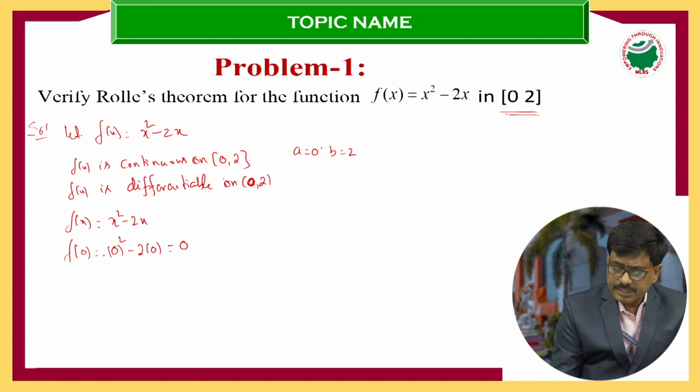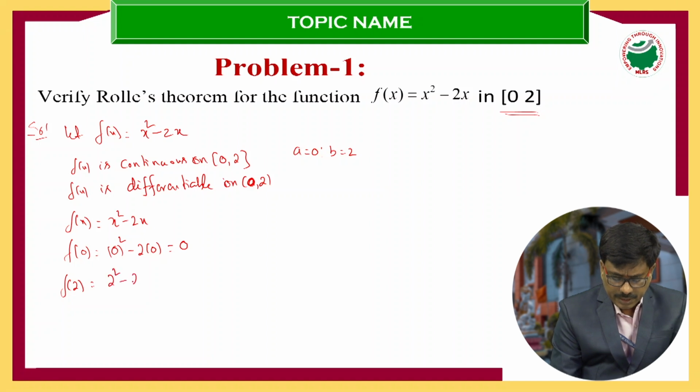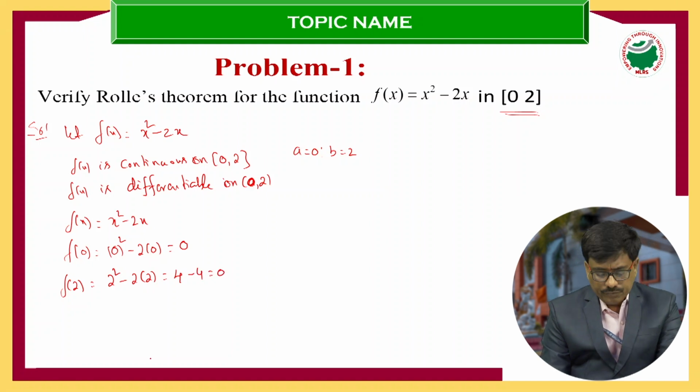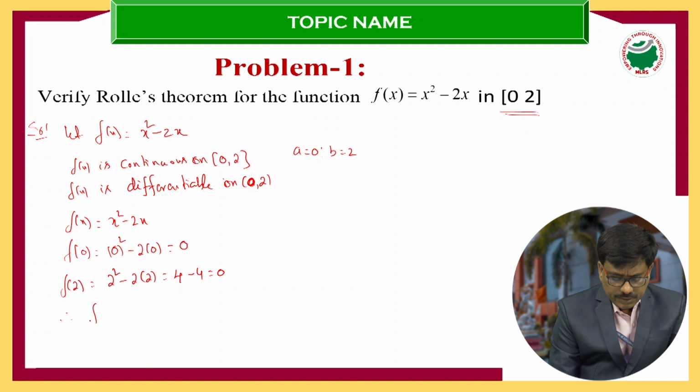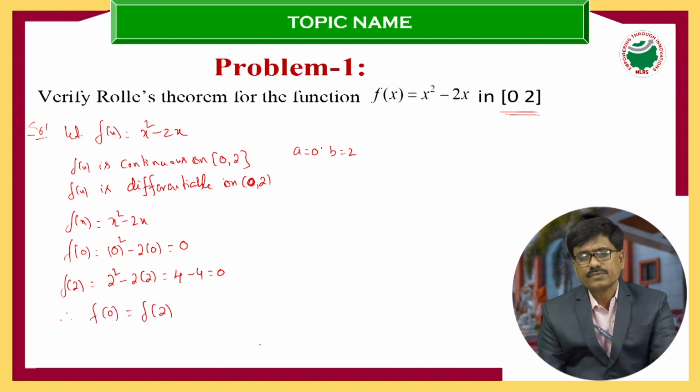Similarly, we need to substitute the B value. B value is how much? 2. f of 2 equals what? 2 square minus 2 into 2. What happens? 2 square means 4, 4 minus 4, this is also 0. What we observed is that f of 0 is equal to f of 2. This is the third condition.